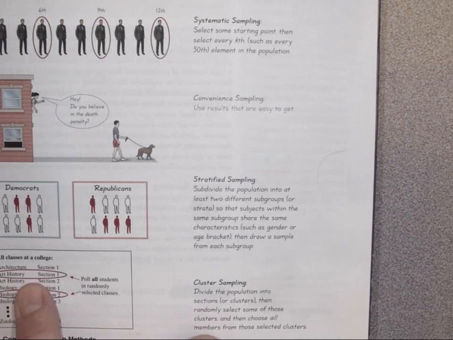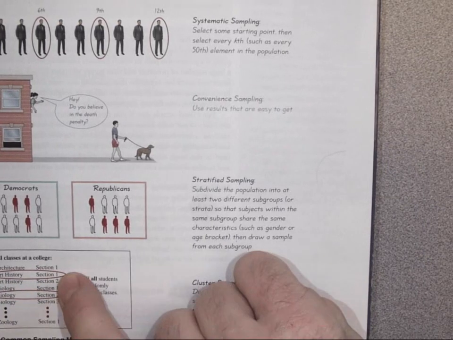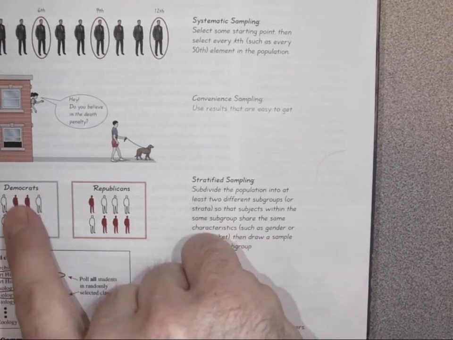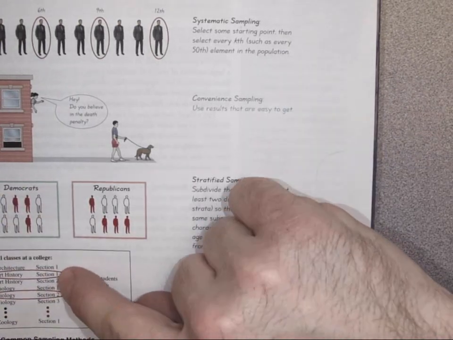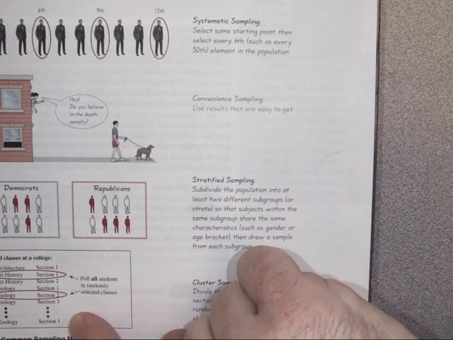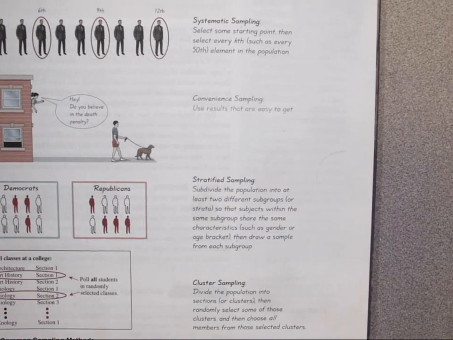But instead of just grabbing some from each cluster, we take the entire cluster and sample everybody in that cluster. Instead of just taking some from a group, we take all from this particular group, and all from this particular group, and maybe all from another. And as long as this selection is done randomly, this is actually good data.